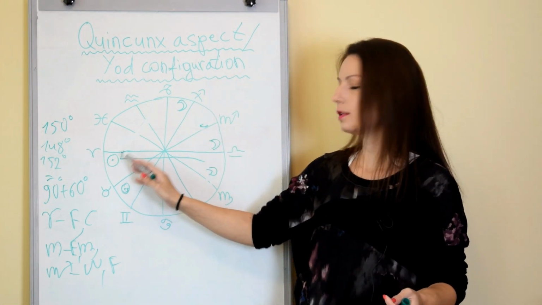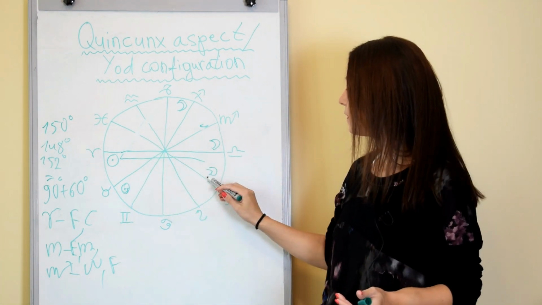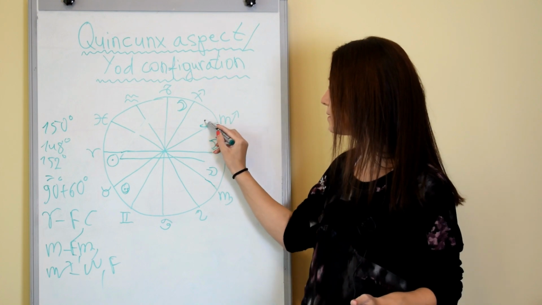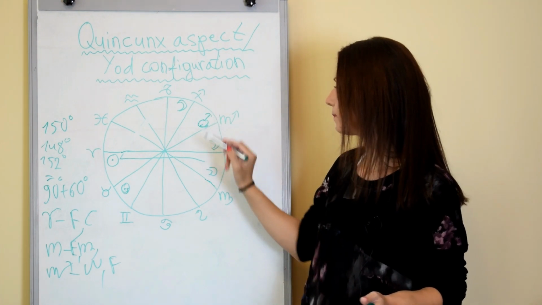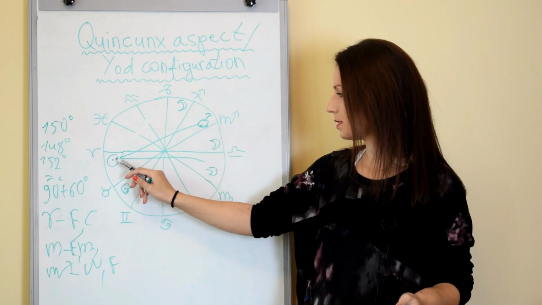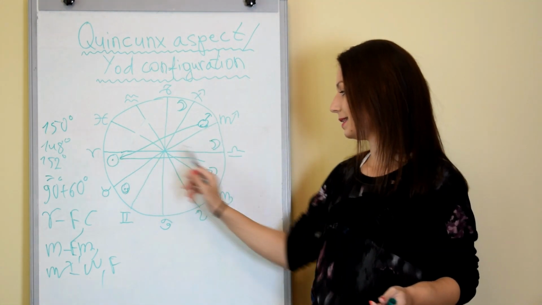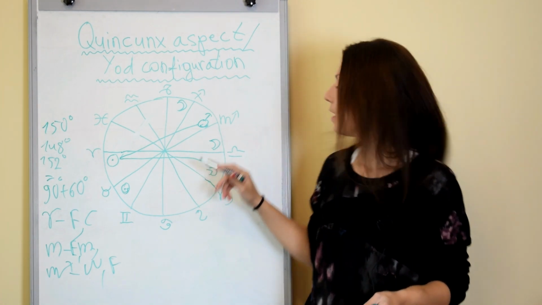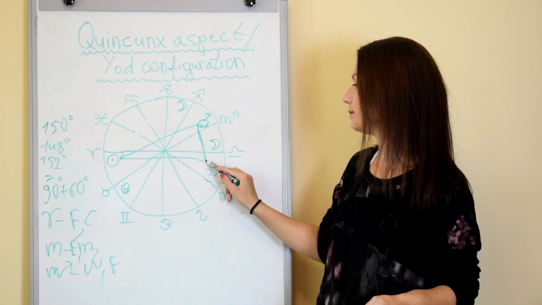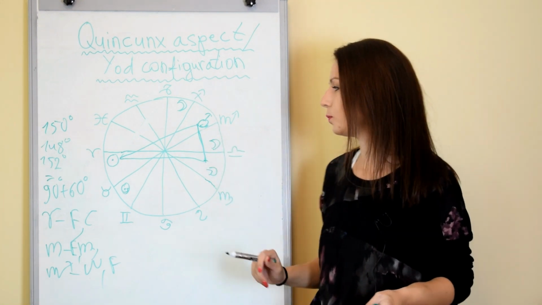We have the Sun in Aries, the Moon in Virgo, and another planet in Scorpio. Let's say that this is Mars. So we have here the 2 Quincunxes, Mars with the Sun and the Moon, and here we have the sextile between Mars and the Moon.